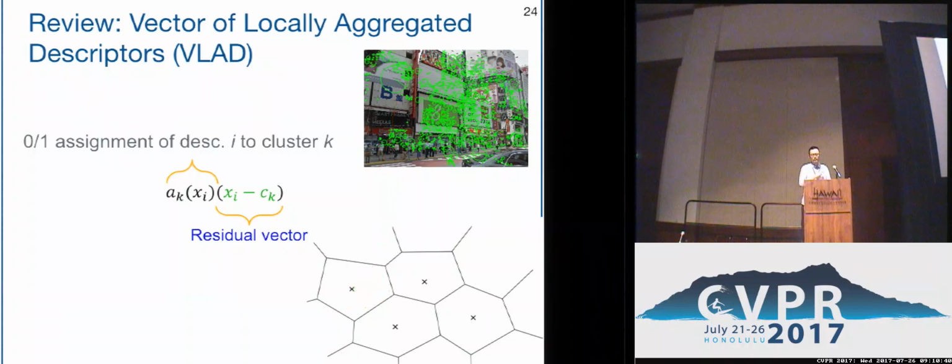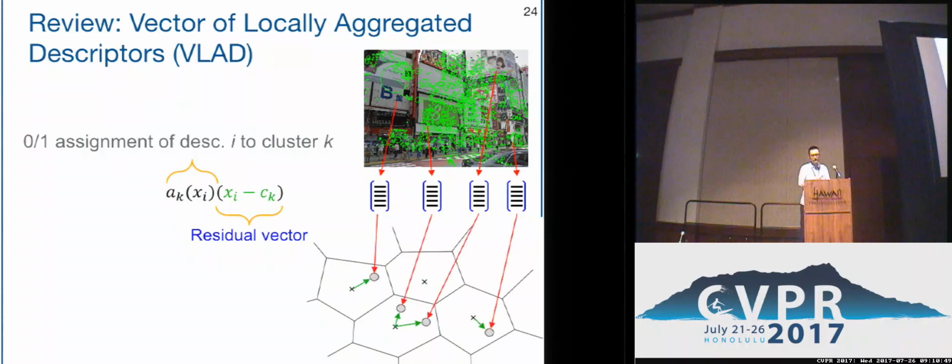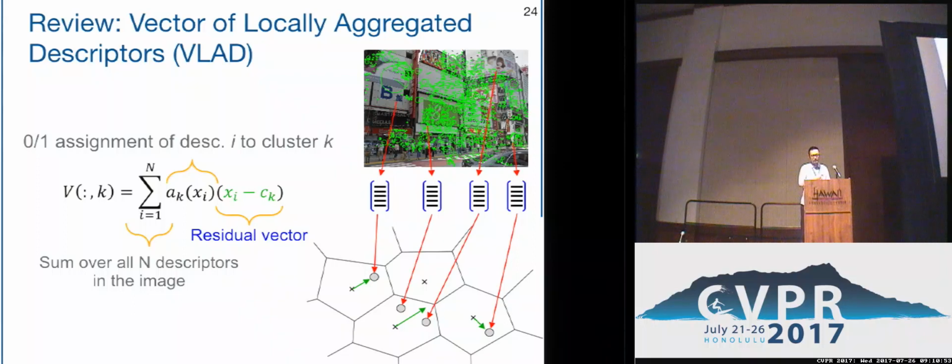So to compute a VLAD image representation, all the descriptors are extracted and assigned to their closest clusters. Their residuals are summed up and concatenated to form the final VLAD vector.